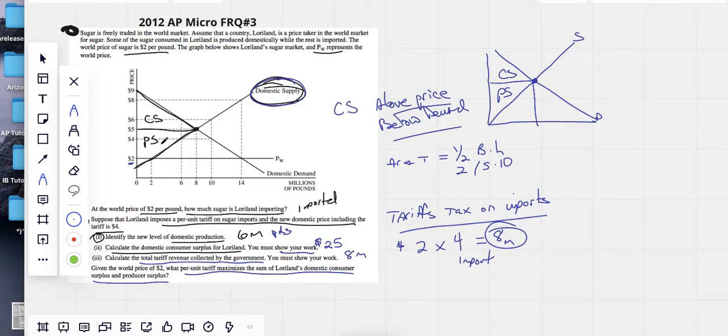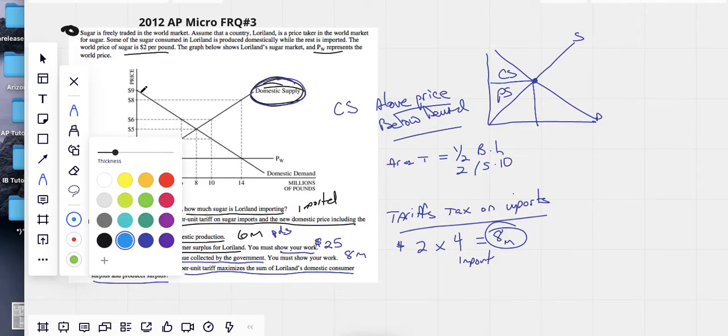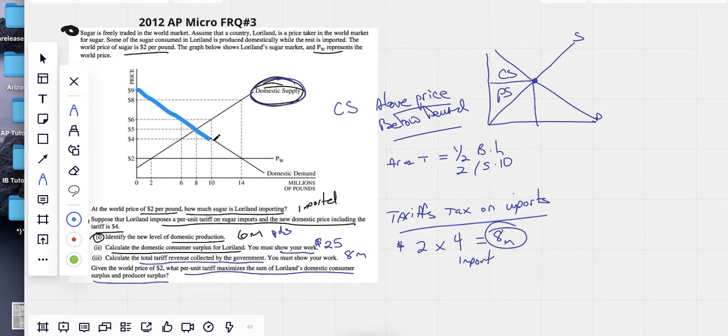When we start trading with the world, this changes, and in essence, all of this becomes consumer surplus. Look at how much larger that is, right?